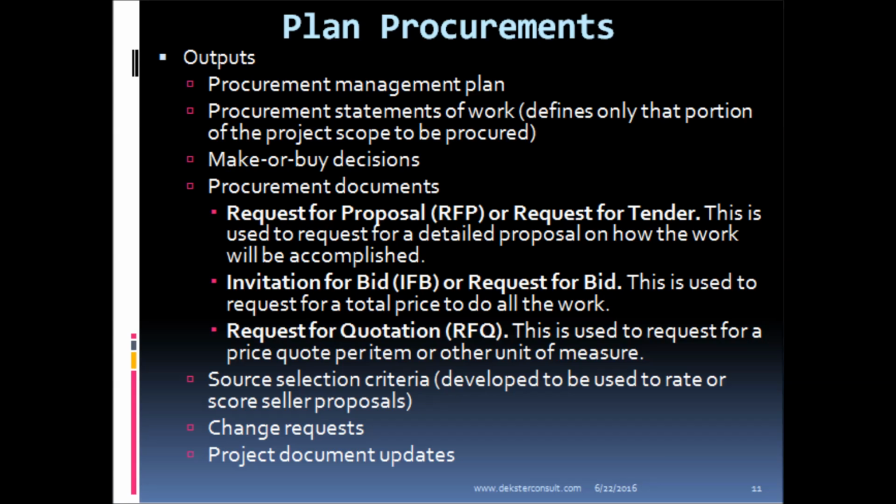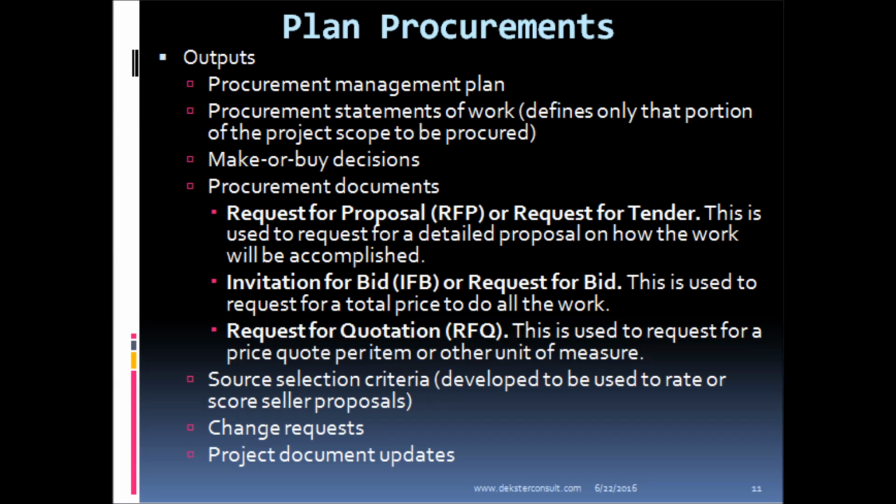What will be our outputs of plan procurement management? We will come up with a procurement management plan, which will guide the rest of our procurement management processes. Then it will be important to define a procurement statement of work.